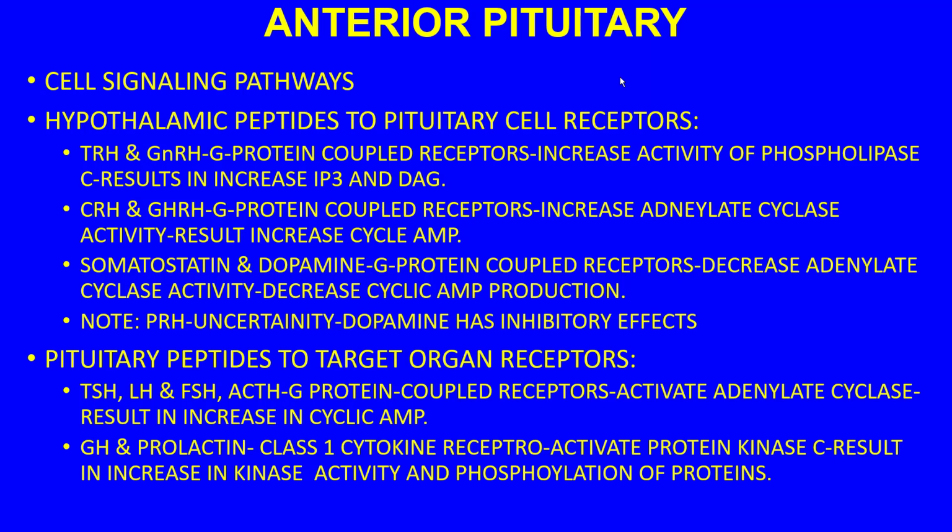Now, PRH. We know that dopamine has inhibitory effects on the release of prolactin. And every once in a while, you'll hear individuals talking about a prolactin releasing hormone. There's no real certainty of that.